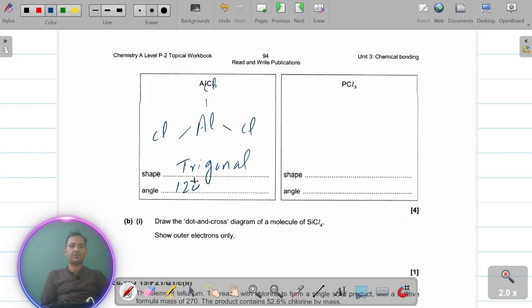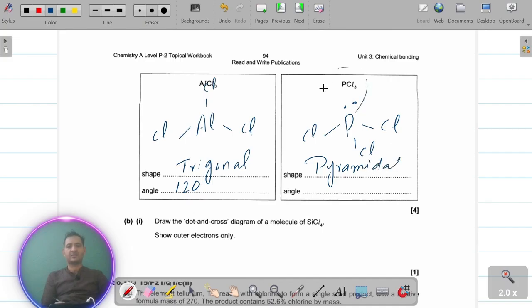PCl3 has a lone pair of electrons, which repels the bonds, so it is bent. The shape is pyramidal, just like ammonia. It makes a shape like a pyramid, and the angle is 107 degrees.